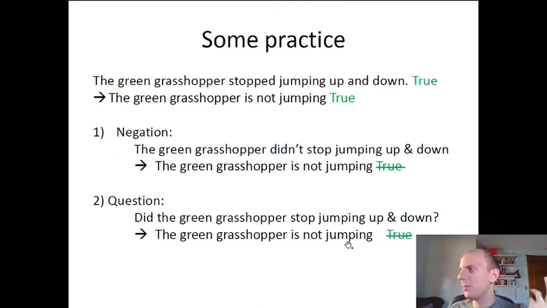We don't know. Maybe he stopped and he's not jumping right now, in which case this could be true. Or maybe he didn't stop and he's still jumping, so this is false. Or maybe he's doing whatever else. When we ask this question, we no longer have the necessary information to assess the truth condition of B.